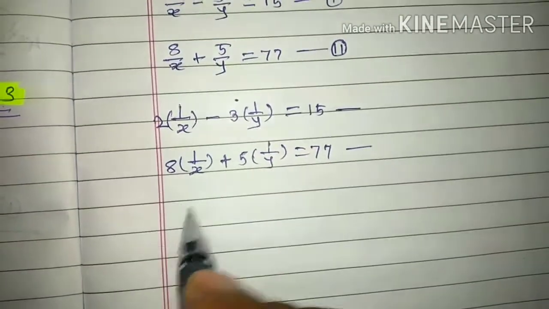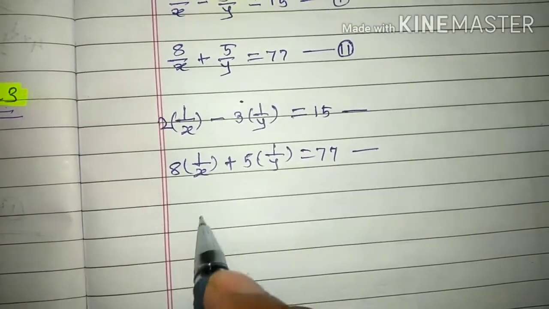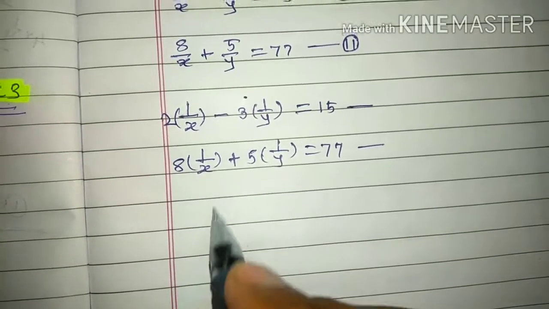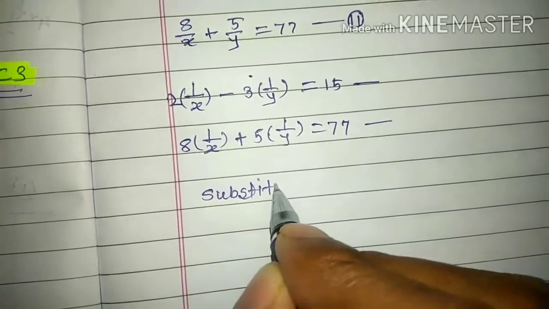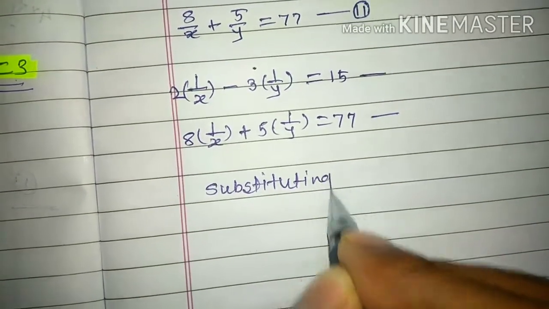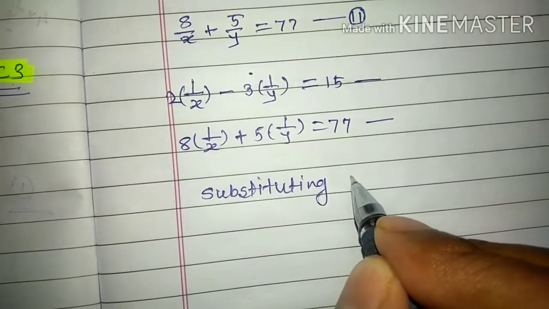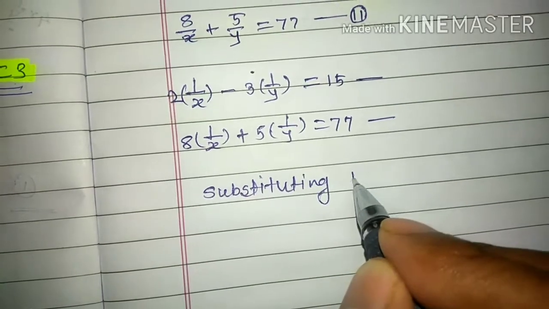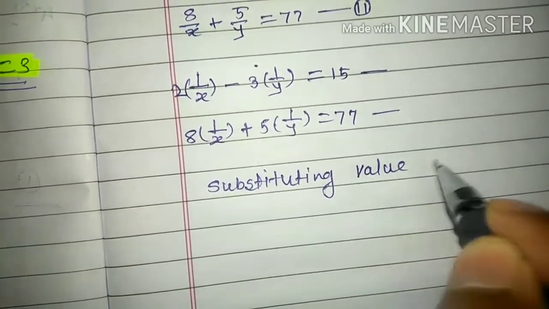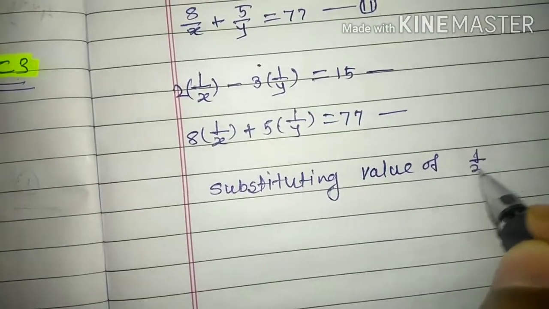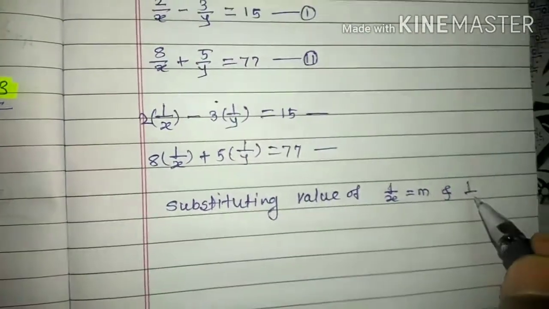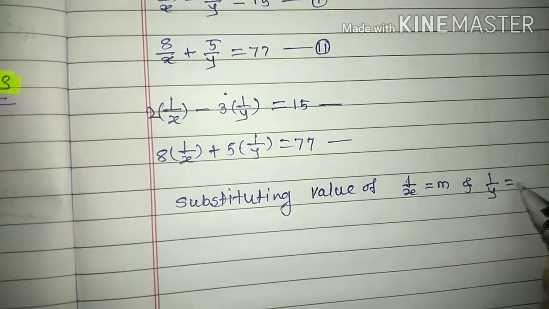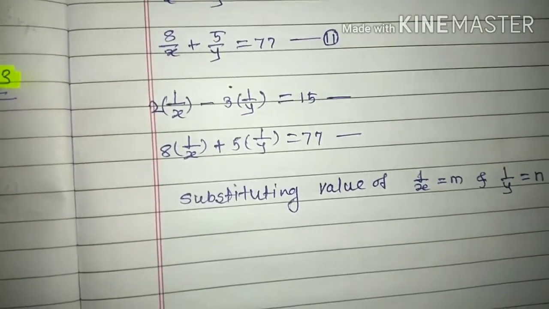Now substituting the value of 1 upon x is equal to m and 1 upon y is equal to n.